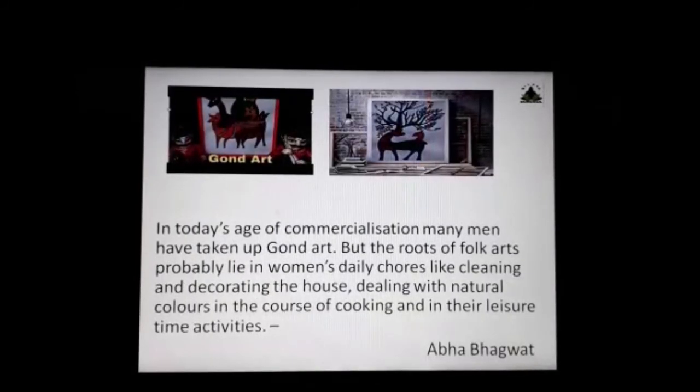In today's age of commercialization, many men have taken up Gond art. But the roots of folk art probably lie in women's daily chores, like cleaning and decorating the house, dealing with natural colors in the course of cooking, and in their leisure time activities. In the age of commercialization, today everything has been commercialized.